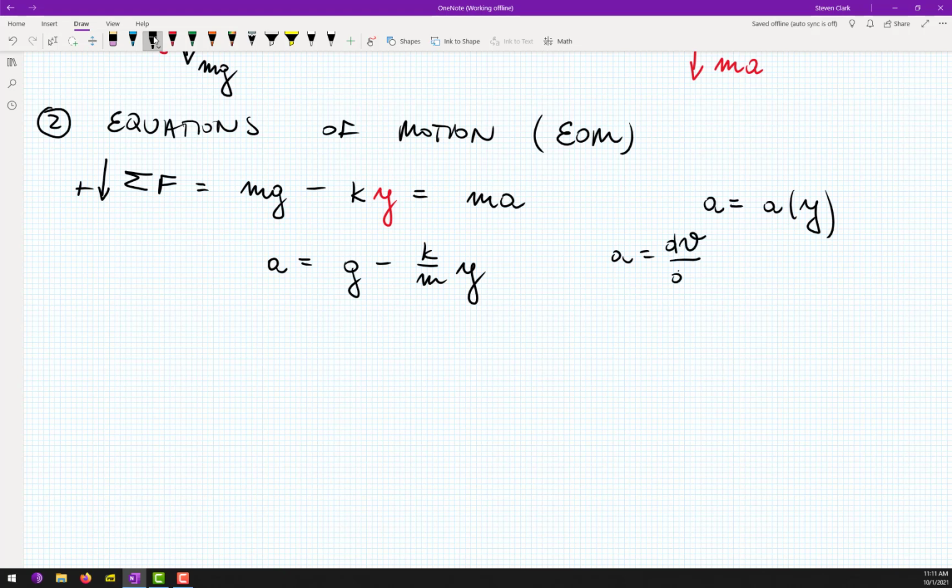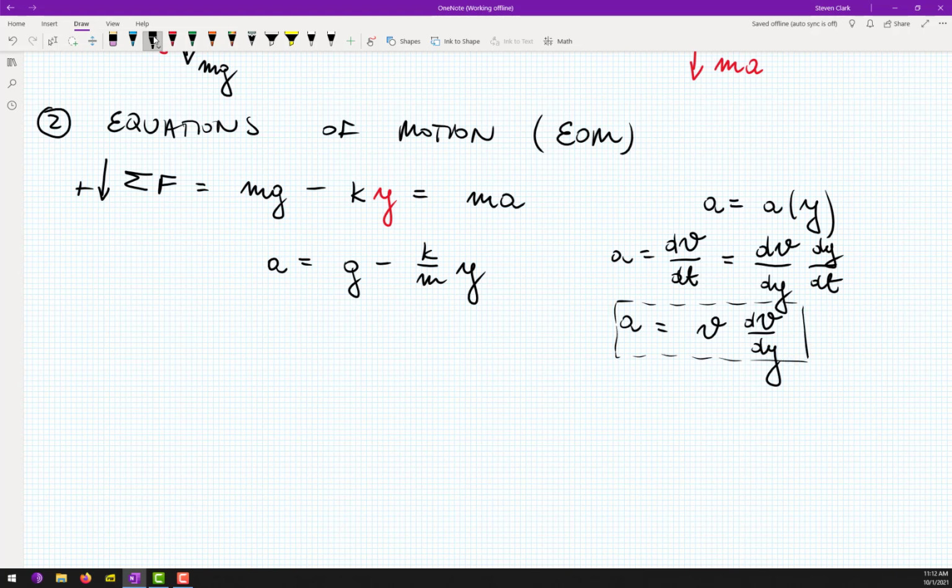Maybe it's not useless, but let's modify it a little bit, okay? Let's do that little trick we were doing. dv/dt times dy/dy, yeah? So our a is equal to v dv/dy. We're gonna integrate along the trajectory.